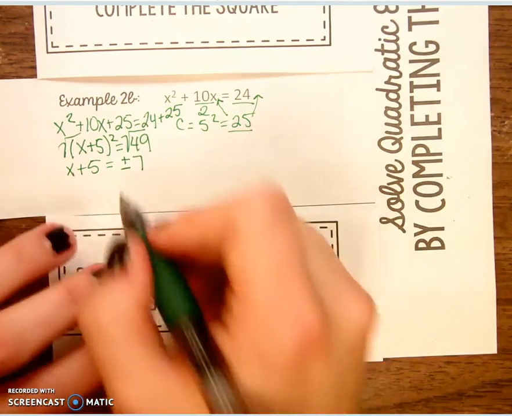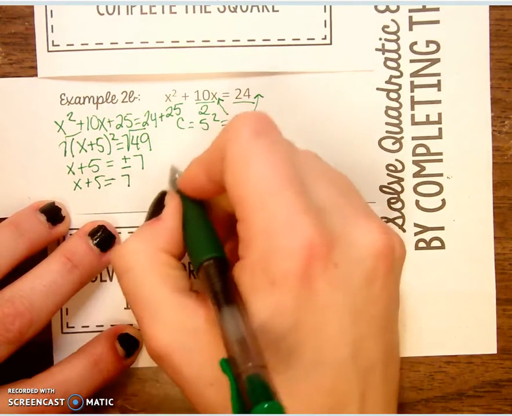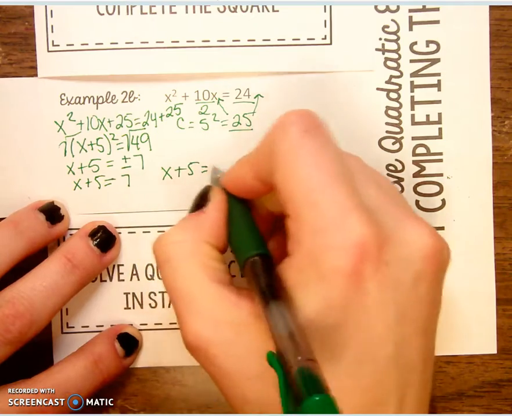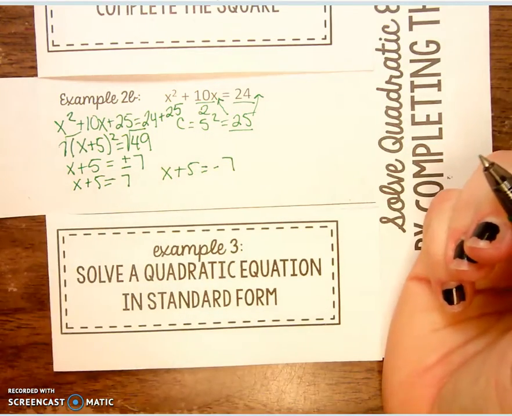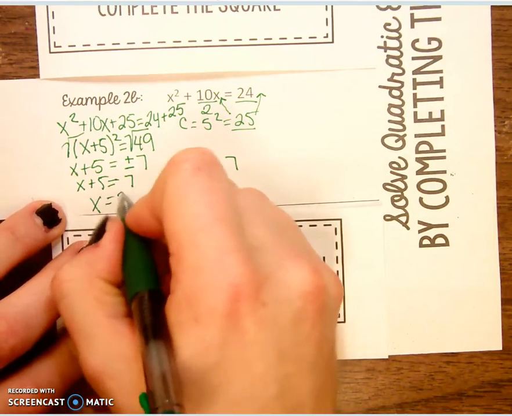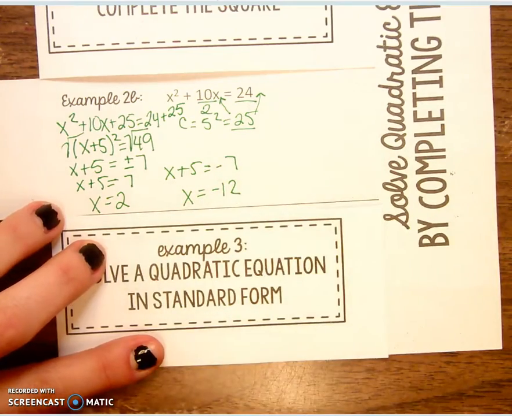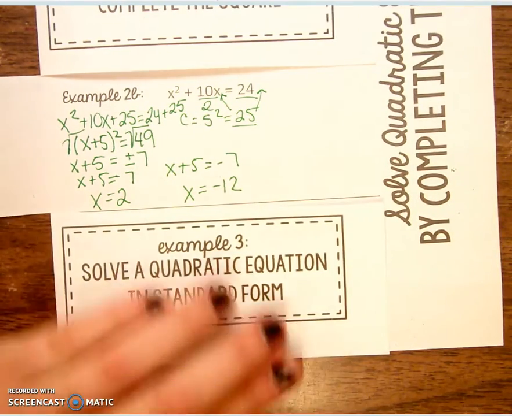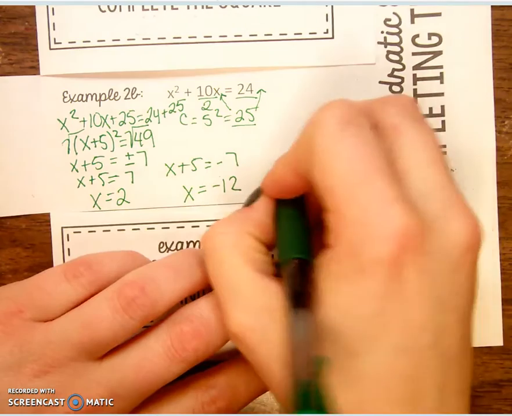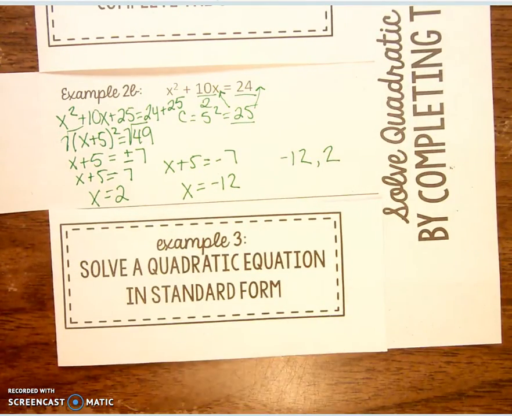So now I'm going to split. X plus 5 equals 7, and x plus 5 equals negative 7. Subtract 5, x equals 2. Subtract 5, x equals negative 12. And you're going to see it written in numerical order. So negative 12 is the smaller number, and 2. Those are my two solutions.